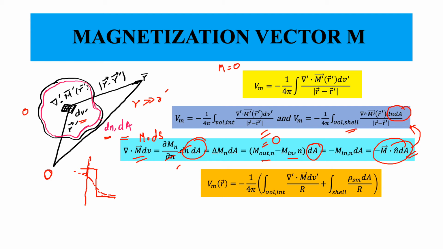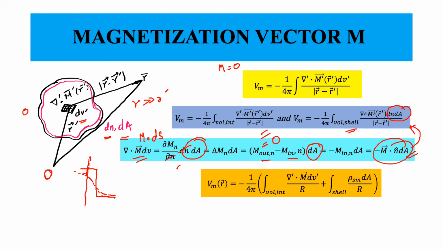The first integral will not change, so I have B_m of r given by minus the integral of del dot M dV over 4 pi r.